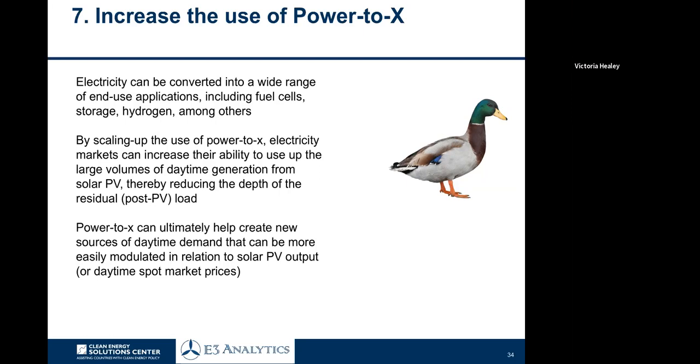Scaling up the ability of the system to do this can create more daytime power demand, again, corresponding nicely with solar PV, to use up that solar PV and produce other forms of energy, other storage or hydrogen and so forth, that can be used and dispatched in different ways and at different times. So potential there for, again, shifting more load to the daytime in a more flexible and controllable way.